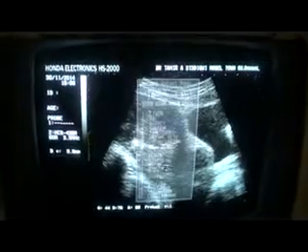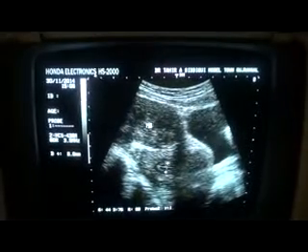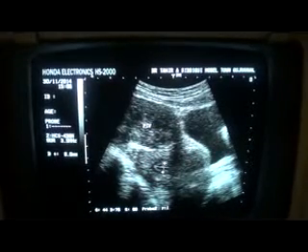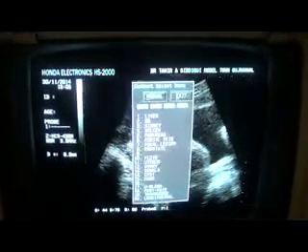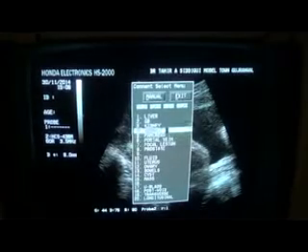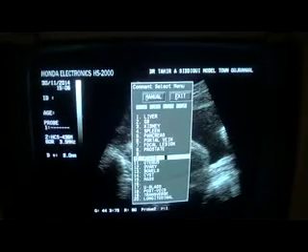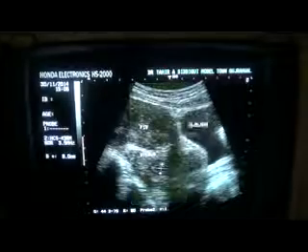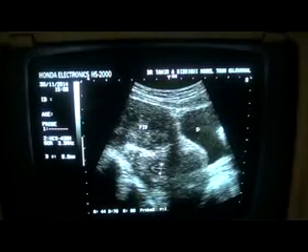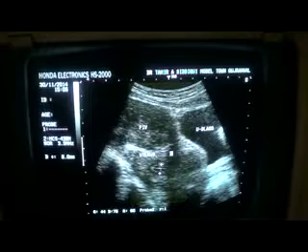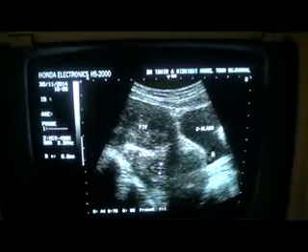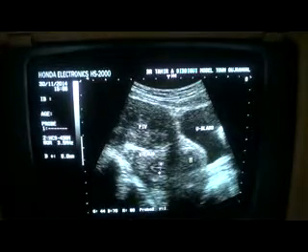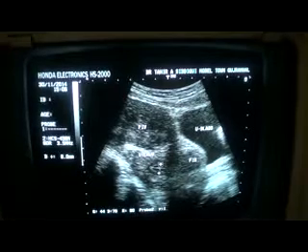So this is the fibroid, fundal region, sorry, and this is the uterus. And this is the urinary bladder. This indent that you are seeing in the urinary bladder wall is due to this subserosal fibroid.